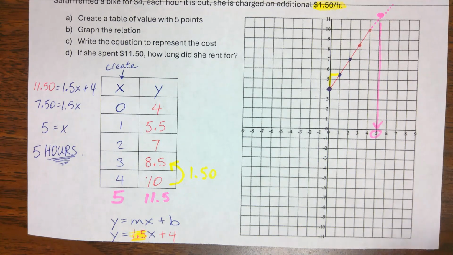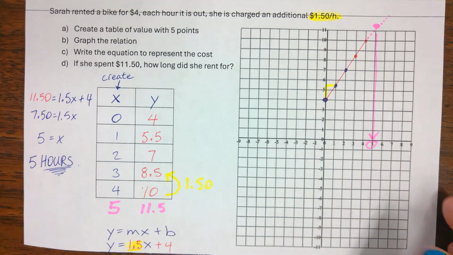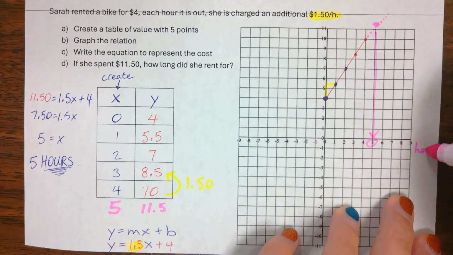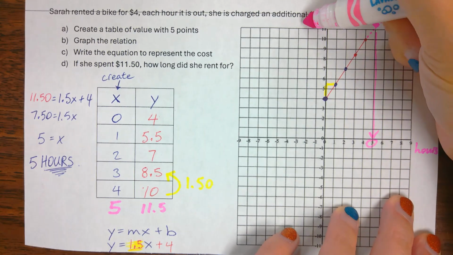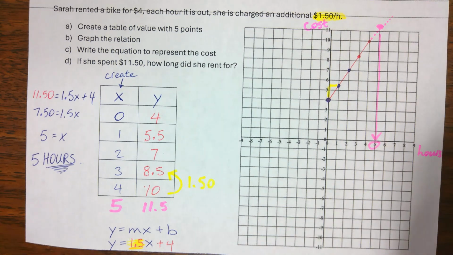Sarah? Do you need a title? Good question. Not for this one, but yeah, you should have. So this would be hours, and this would be cost. I guess the graph that I gave you is a little misleading.